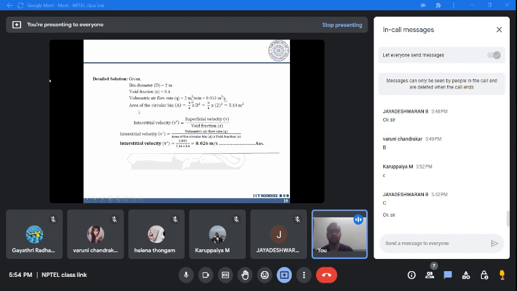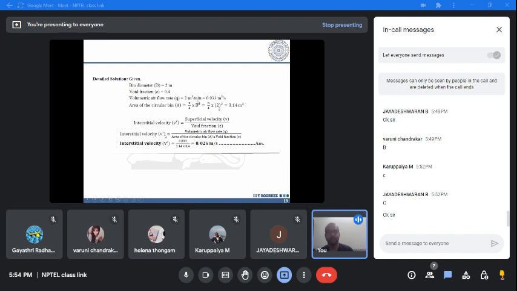The area of the circular bin is pi upon 4 into diameter squared, so pi upon 4 into 2 raised to 2, that will be 3.14 meter square. So the interstitial velocity is the superficial velocity upon void fraction.